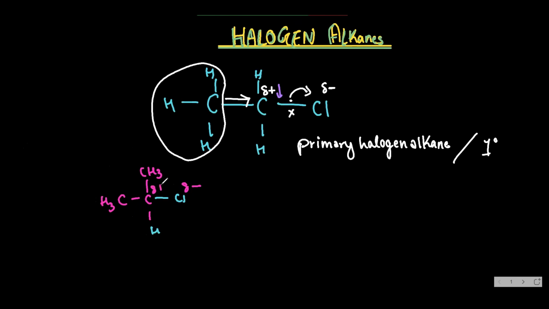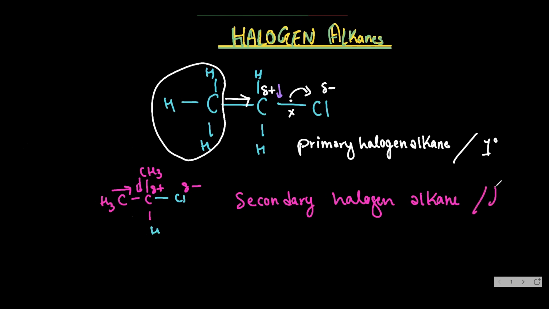Again, del negative, del positive happens due to electronegativity differences. And then you have two alkyl radicals. When you have two alkyl radicals, they push two electrons towards the central carbon atom. Positive charge decreases all over again, making it a secondary halogen alkane. Sometimes we do call it second degree.